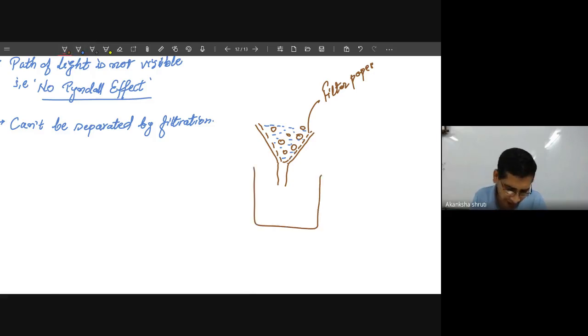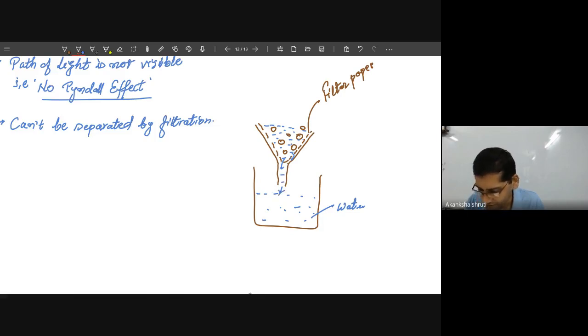Then you will observe that the water gets collected here and sand will remain here. So these water particles can pass through these pores. There are a large number of small holes. The hole size of this filter paper is smaller than the particle size of sand, but bigger than that of the water. Therefore, only water is able to come out.